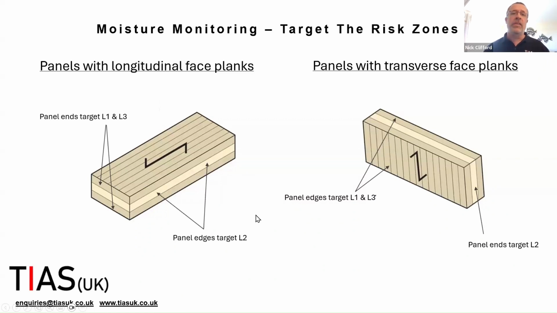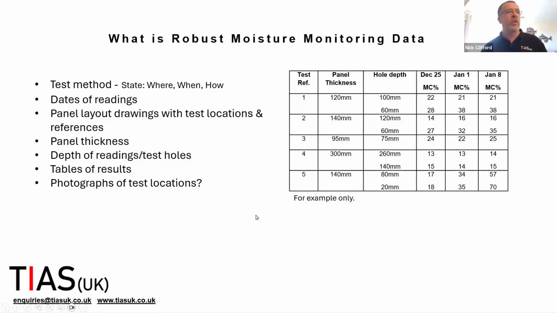Now we need to be able to report that data, and there is a big difference between robust moisture data and moisture data. The important factor is you need to have several pertinent bits of information in your moisture reporting. Without that, the data is virtually useless. So what we need to know is the test method.